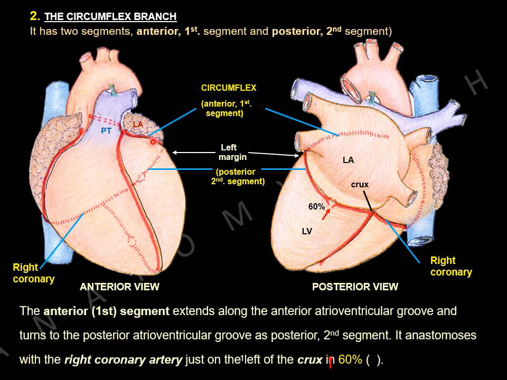Once it reaches the left margin of the heart, it turns backwards and runs along the posterior atrioventricular groove, and this is the posterior segment or the second segment. If you see another diagram, this is the diagram looking at the heart from behind. This is the back of the left atrium. This is the back of the left ventricle.